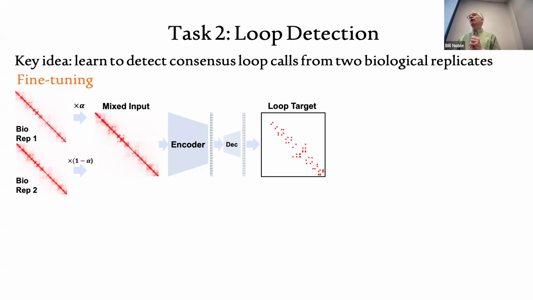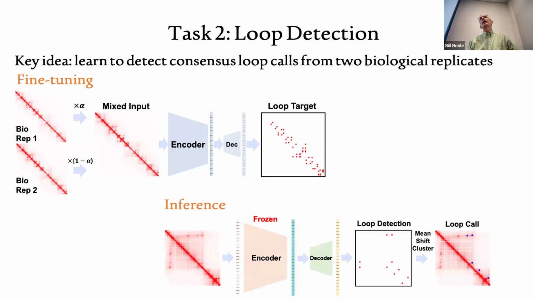So it's a way to make the model robust to lower coverage and also to be consistent for variants of the same input data. We do that for the fine tuning, and then at inference time, we just make predictions and then run what's called mean shift clustering, just a clustering algorithm, to actually make the predictions of where the loops are.